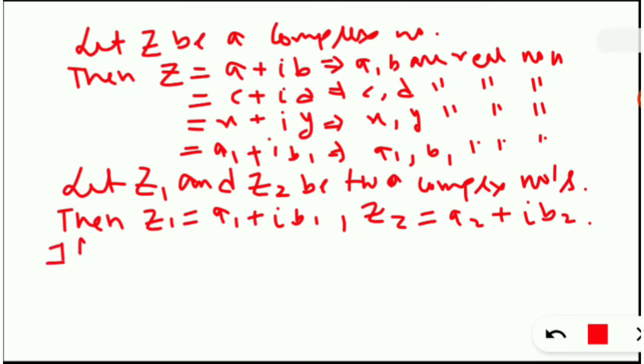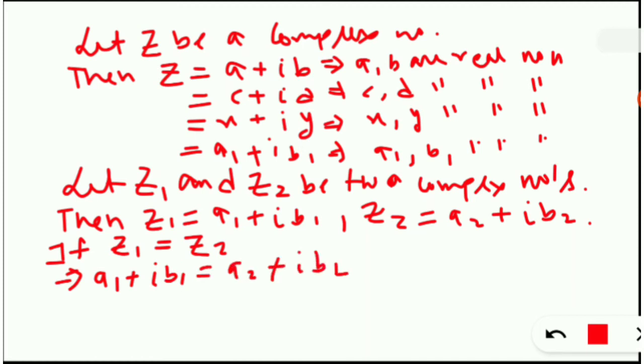If two complex numbers z1 and z2 are equal, that means if z1 equals z2, so implies a1 plus ib1 equals a2 plus ib2. So if two complex numbers are equal, then real part equals real part and imaginary part equals imaginary part.